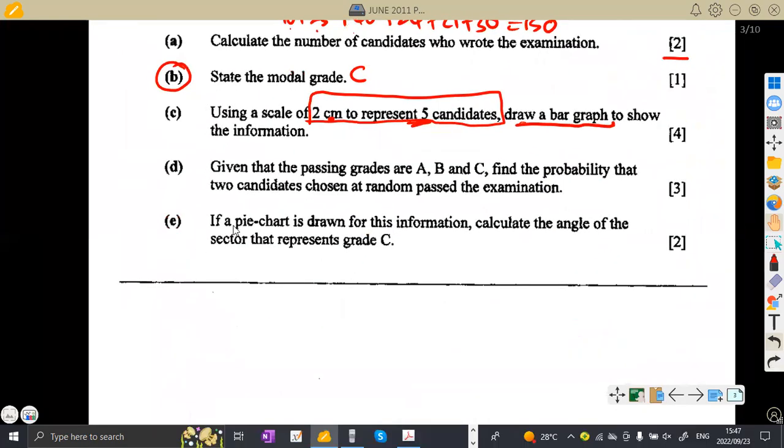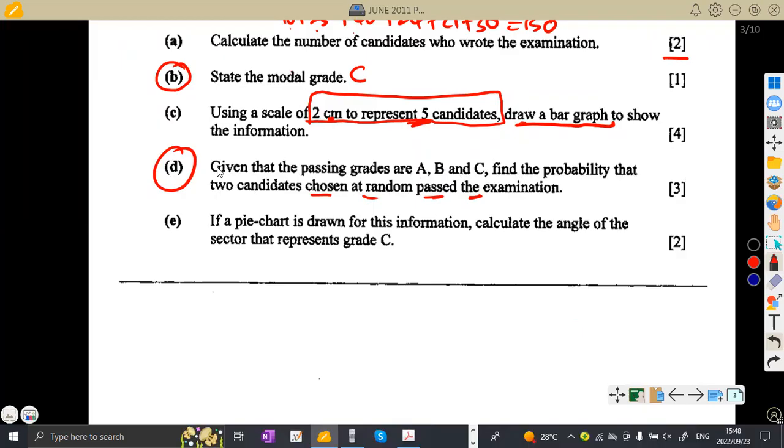Then on the D part, we are now given that the passing grades are A, B, C. Find the probability that 2 candidates chosen at random passed the examination. Okay, we are now on probability. So guys, take note here.